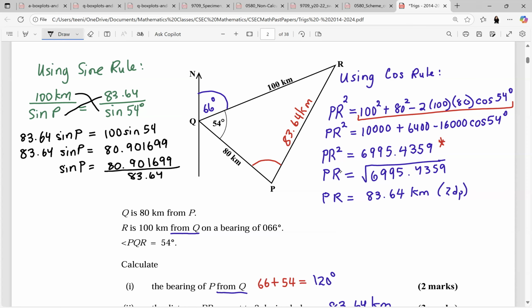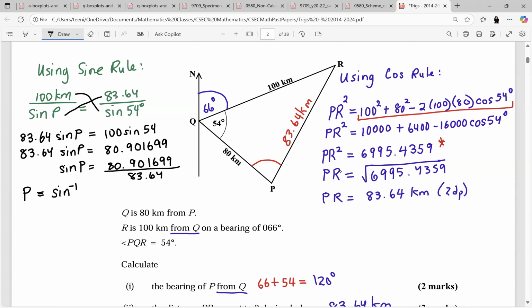So as with any trigonometric ratio, or any trig question, I should say, to find the angle you have to use the inverse functions. So this will be sine inverse of that.